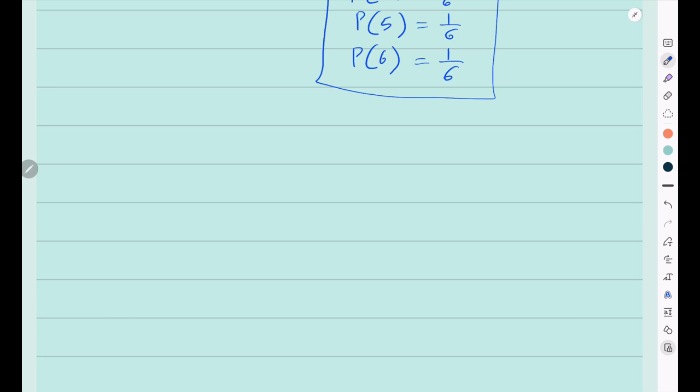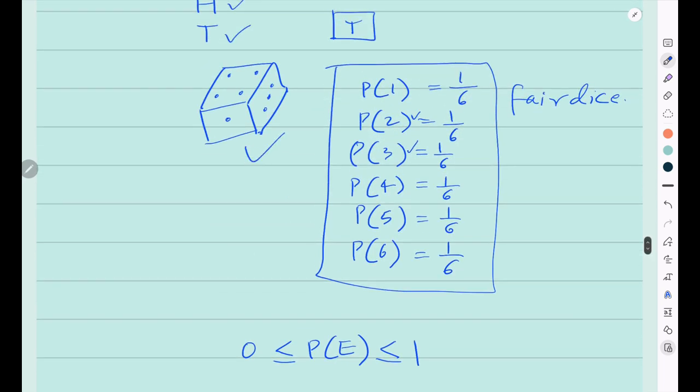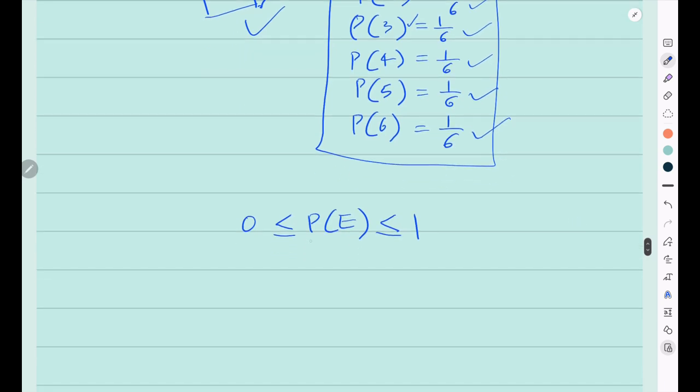Let us again take an example of what values a probability can take. Take the example of throwing a dice. Here all the probabilities are 1 by 6, isn't it? So the probability of any event can take values.